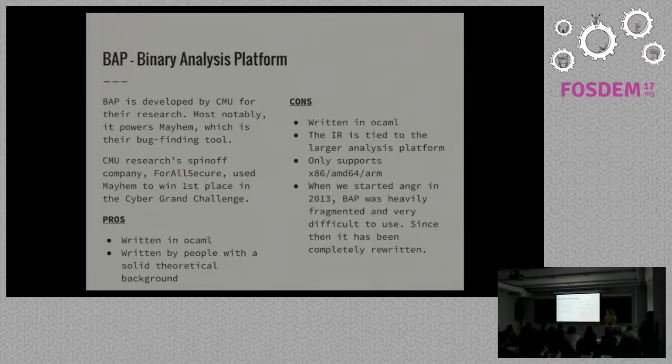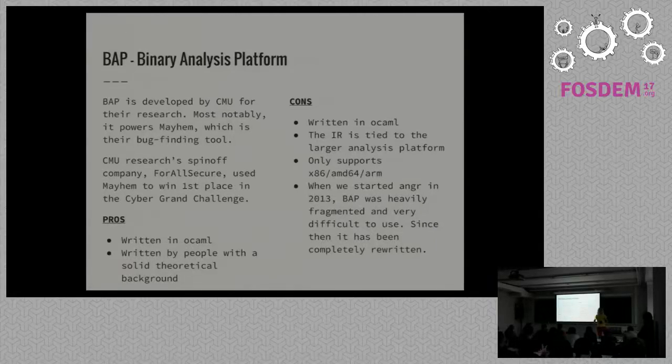So BAP is pretty cool. It's written in OCaml by people who actually have a background in program analysis. So it's got some cool stuff in it, but on the other hand, it's written in OCaml. And the IR is tied to the larger binary analysis platform that they use.